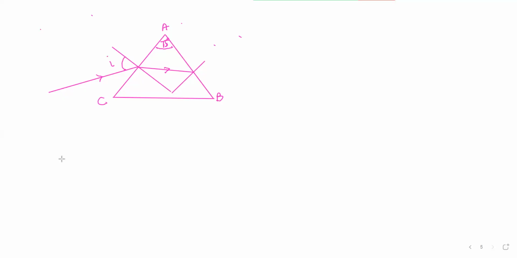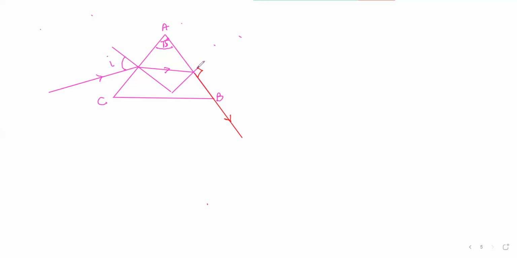So the refracted ray will be on the boundary between the two media, or the angle of refraction must be 90, right? So the refracted ray must be here. So what is the critical angle? It is that angle of incidence in the more dense medium that produces an angle of refraction of 90.